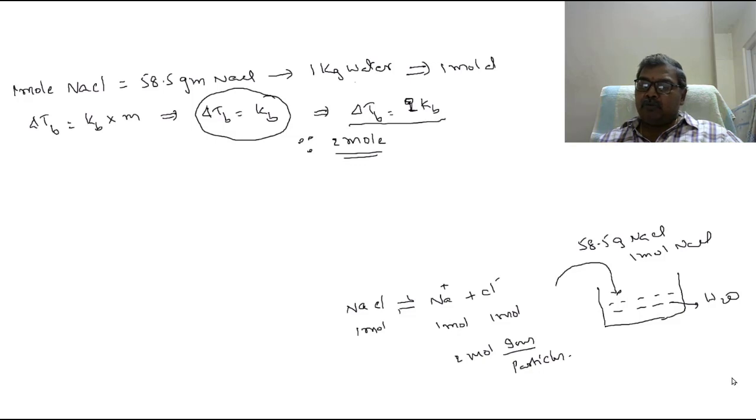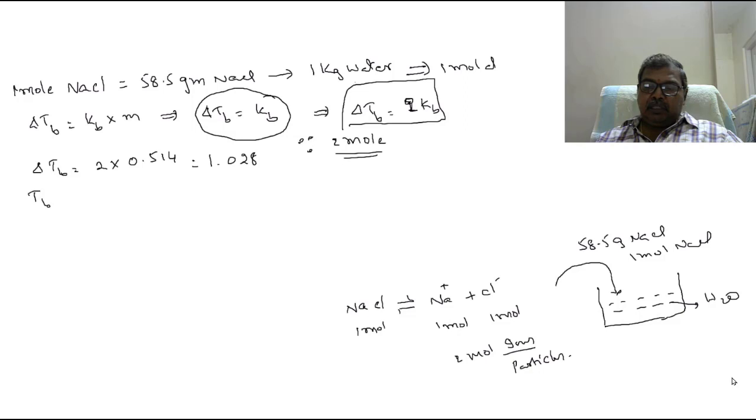So delta Tb equals 2 into 0.514, which is 1.028.